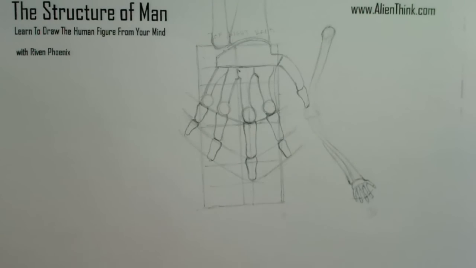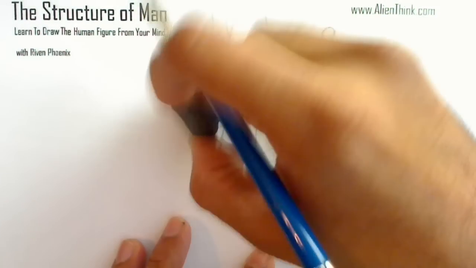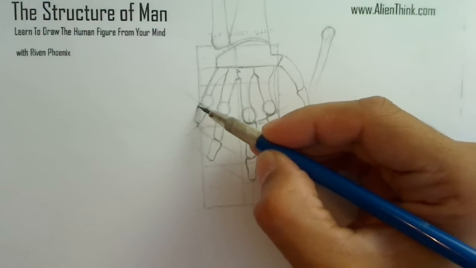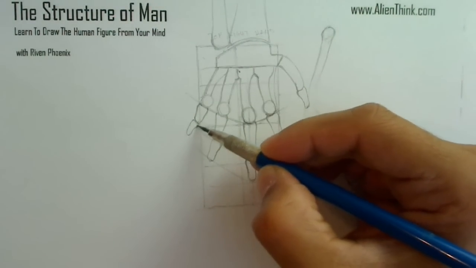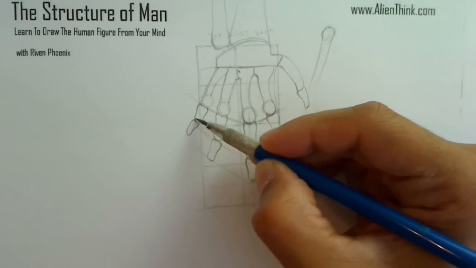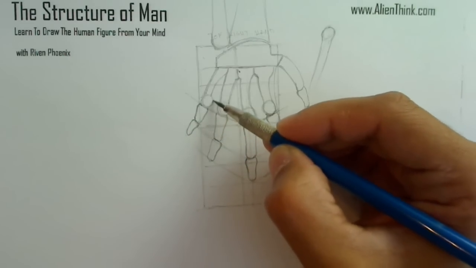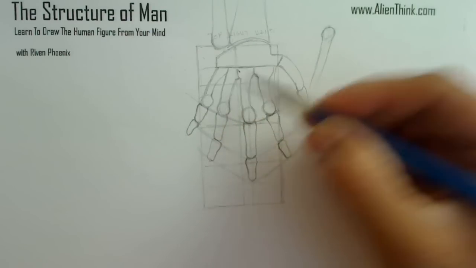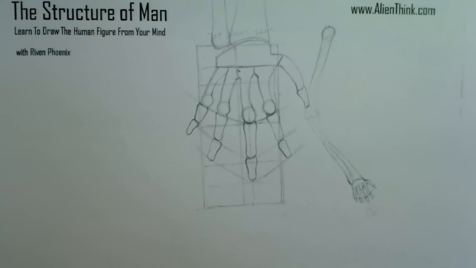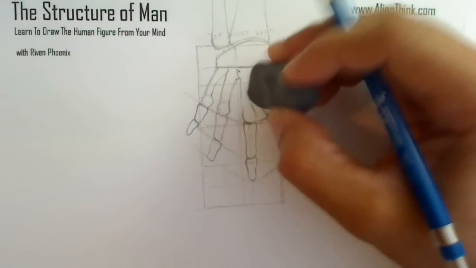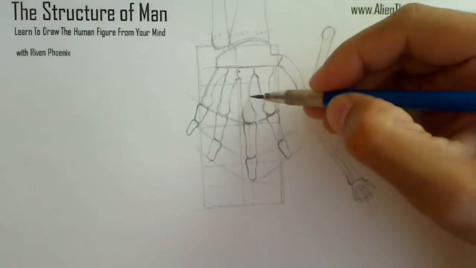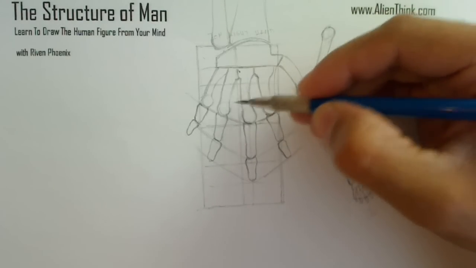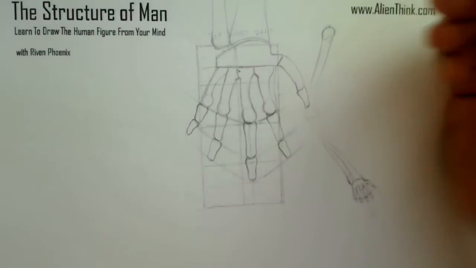So I'm just going to clean some of this stuff up here. There's really nothing more to understanding the structure of this. It's really going to come down to the muscles here. So here I'm going to clean up some of these knuckle areas, to start to make it look like a hand over here, not the ball joints.